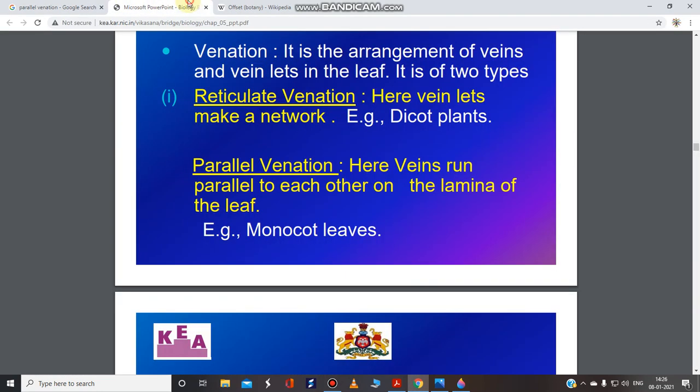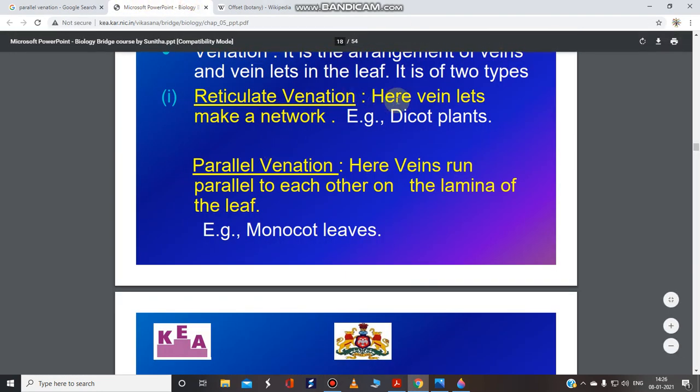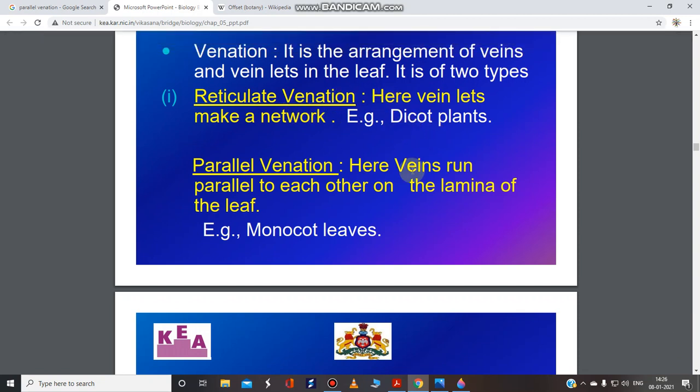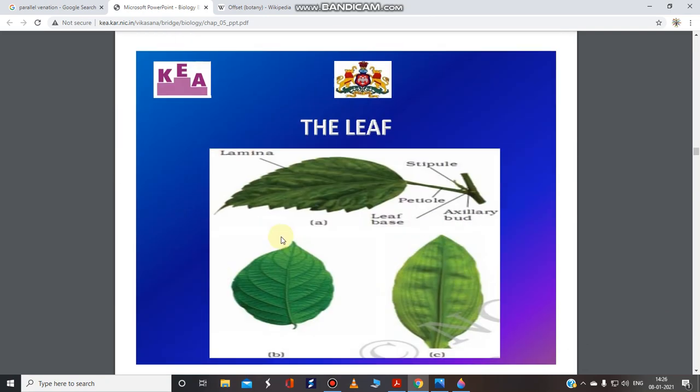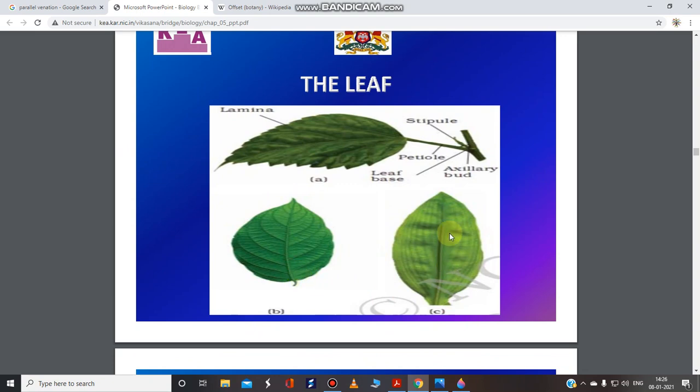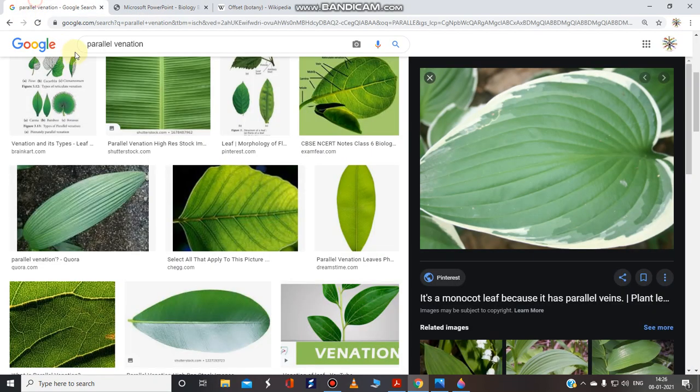As you can read over here, in reticulate venation the veins form a network, like in dicot plants, whereas sometimes they run parallel to each other, for example in monocots. Just see the example. This is the parallel type of venation. This is the reticulate type of venation.